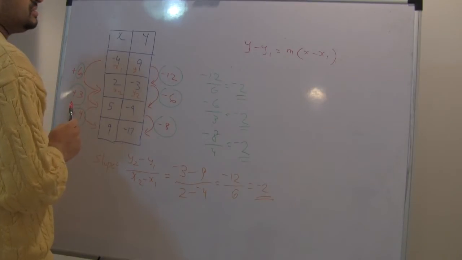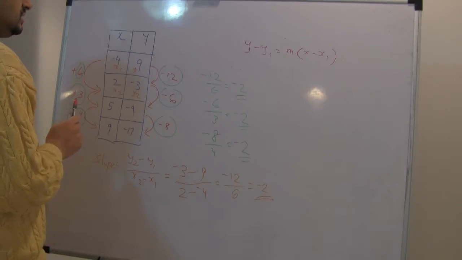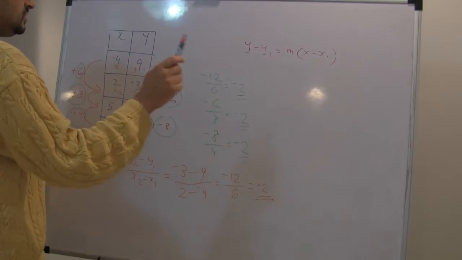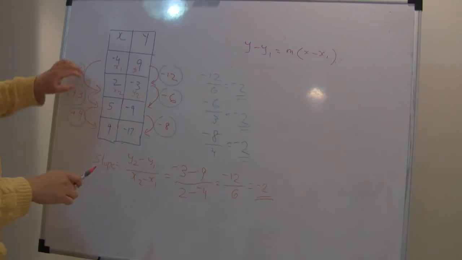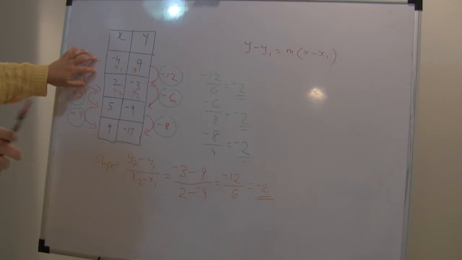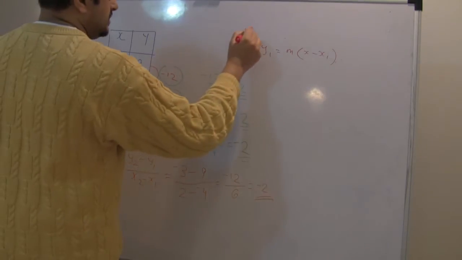Point slope. This is point slope. So use the point slope equation to find y-intercept. So you can also write step number 4 as use point slope equation to find y-intercept.